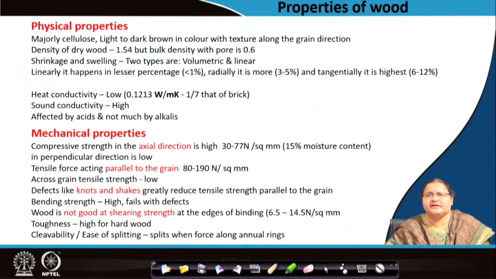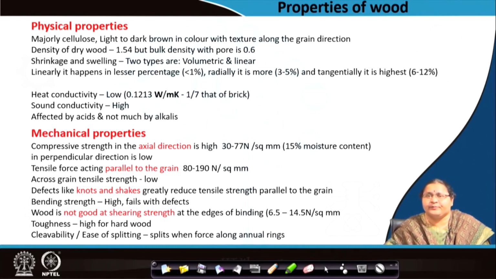You can understand after the physical properties comes the mechanical properties. Under the physical properties, you all know that wood is dark brown or light brown almost in color. We have seen some pictures of it earlier. It is mainly made of cellulose and it is the texture along the grain direction which is giving it a unique look, and this texture actually makes it more appealing.